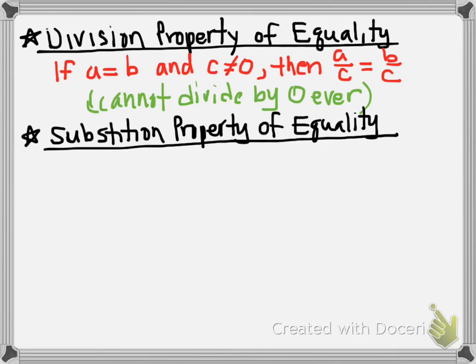Now, I'm going to give you a little hint, because there are two properties that seem like they're the same, and I'll talk about that second property in a moment. The substitution property of equality is when you are substituting numbers only.